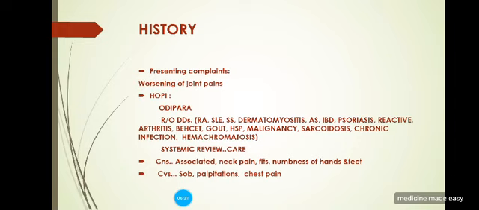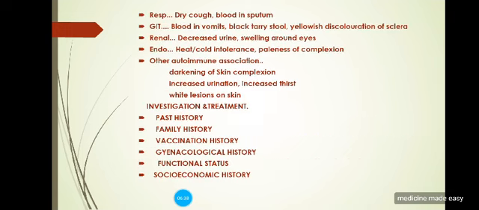There is no altered state of consciousness, neck pain, fits, numbness of hands and feet, any shortness of breath, palpitation, chest pain, dry cough, blood in sputum, blood in vomitus, dark black tarry stools, any yellowish discoloration of sclera, any decreased urine output, heat or cold intolerance, paleness of complexion, and in association you have to cover other autoimmune diseases. There is no history of any darkening of skin complexion, increased urination, increased thirst, white lesions on the skin.